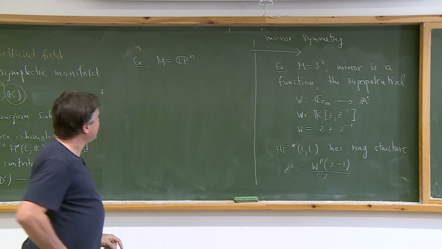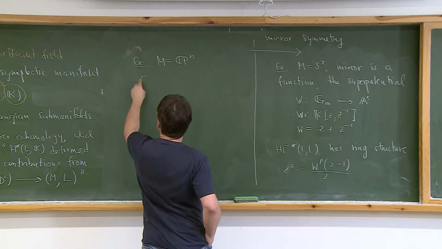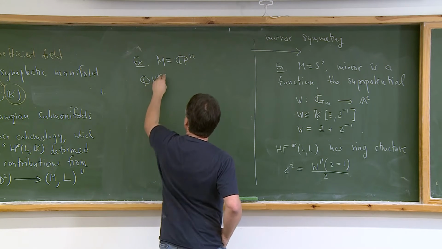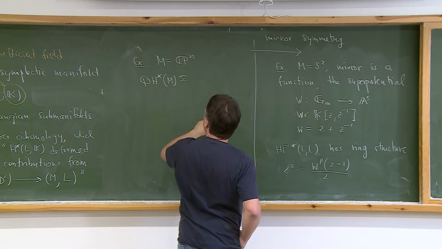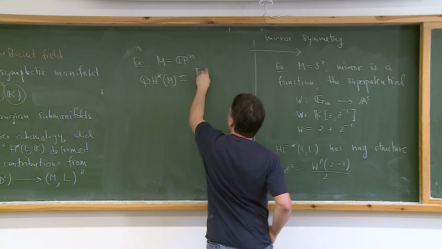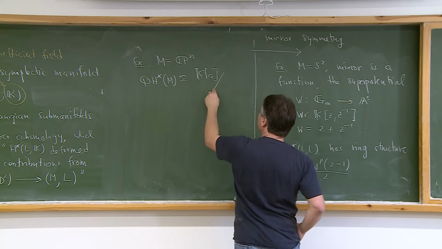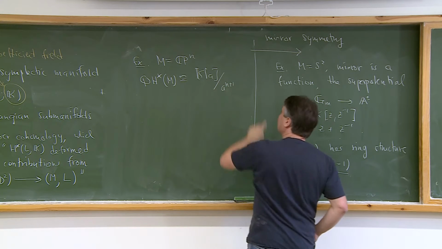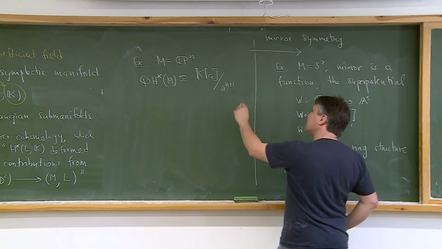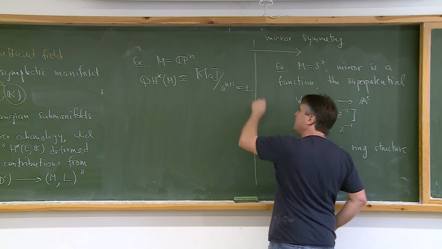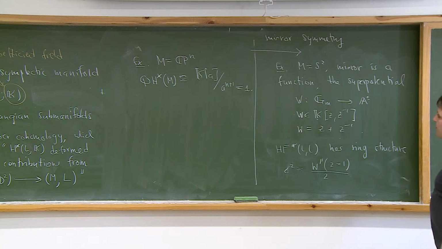In that case, the quantum cohomology, again you have the usual degree 2 generator. In the ordinary cohomology ring, this would actually be 0. But because there's a line through any 2 points in CP^n, in the quantum cohomology this is actually equal to 1.